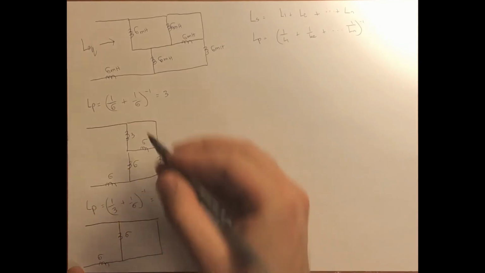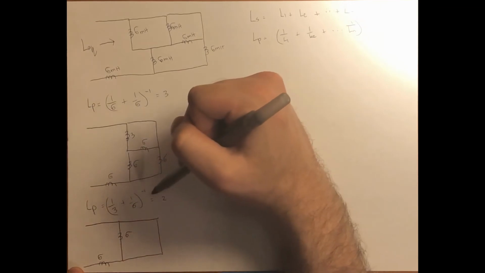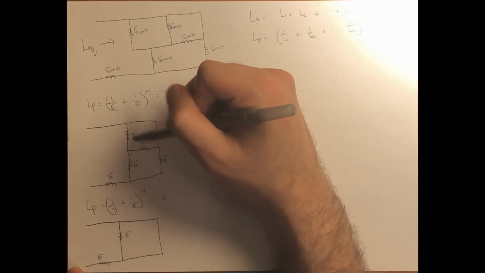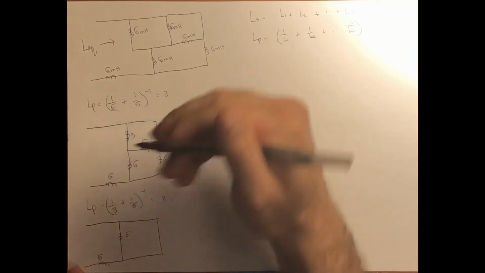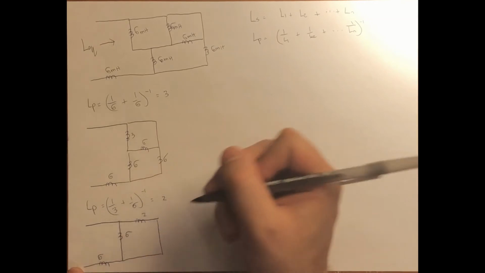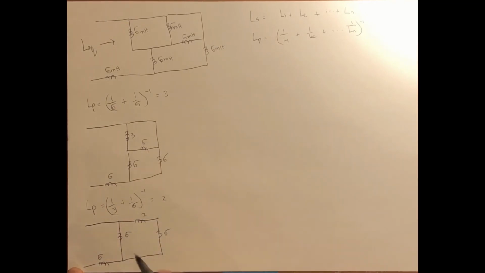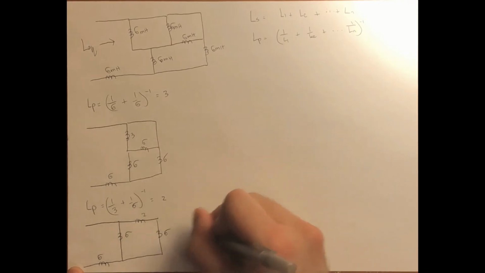We have the 6 millihenries that we just moved up, this one right here, up to here, because these two ended up being calculated to 2. So we put 2 over here and 6 here. If we look at this, we can see that 2 is in series with 6.